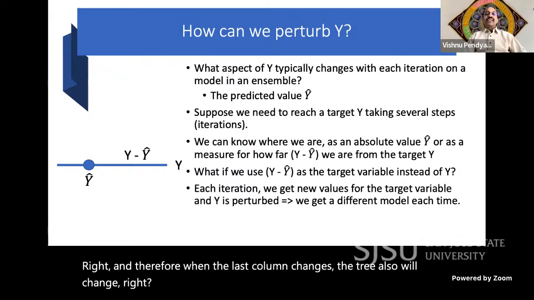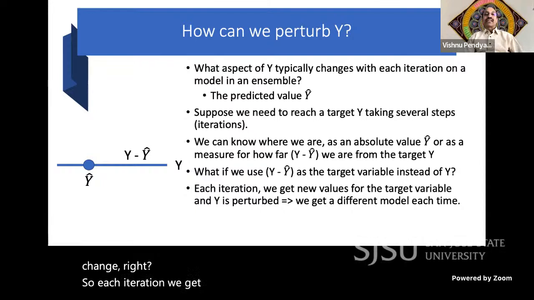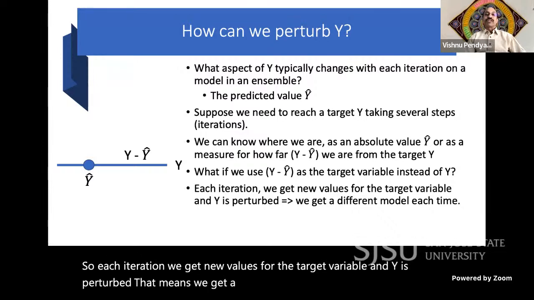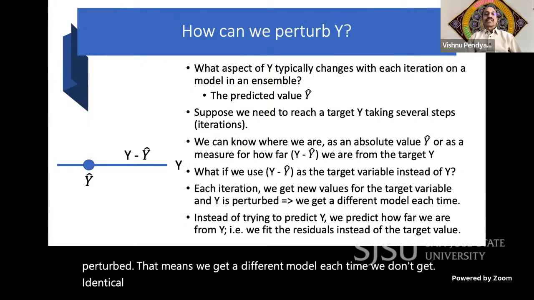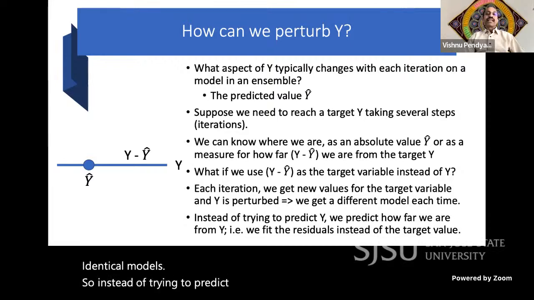So each iteration, we get new values for the target variable, and y is perturbed. That means we get a different model each time. We don't get identical models.